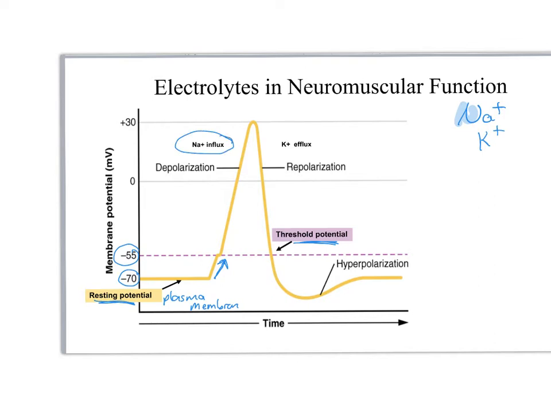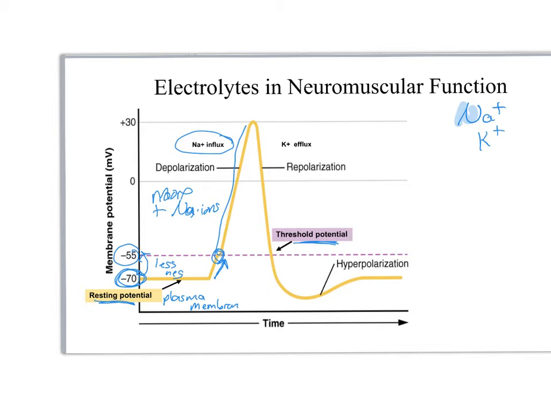In this case, I'm going to bring in more positive sodium ions. That is going to make this, which is very negative, less negative. If you put in something positive, and you put in a whole bunch of them, it takes it from more negative to less negative. If it reaches threshold right here, it will do depolarization, okay?